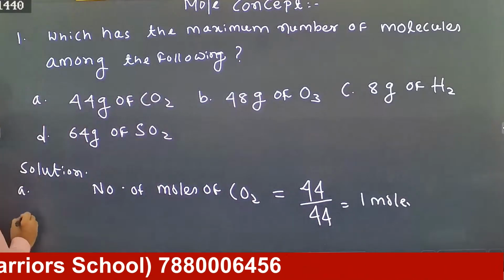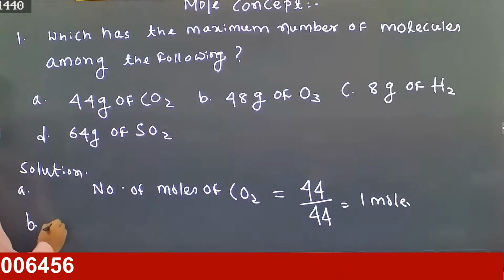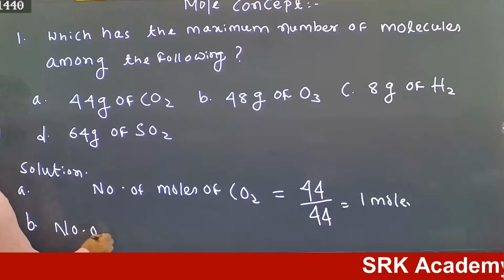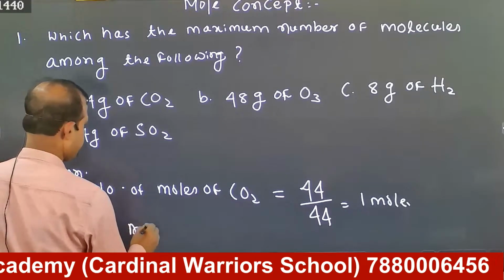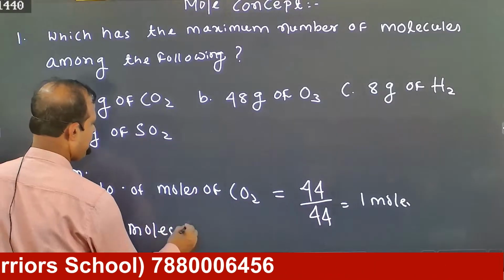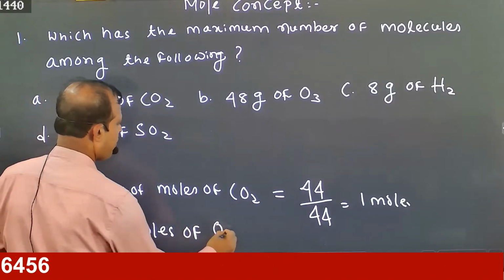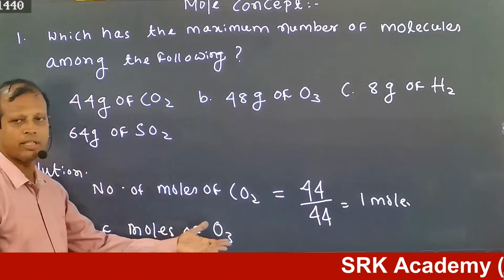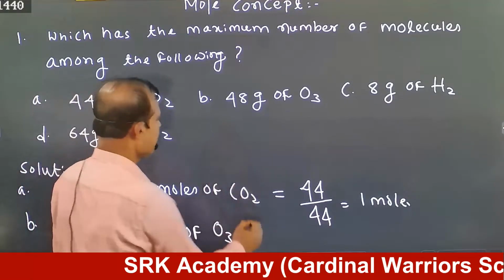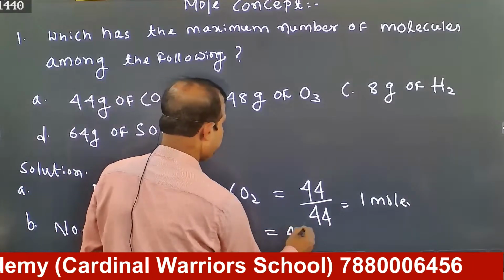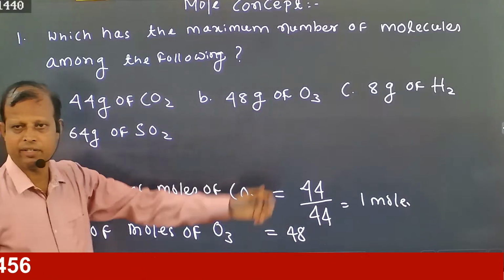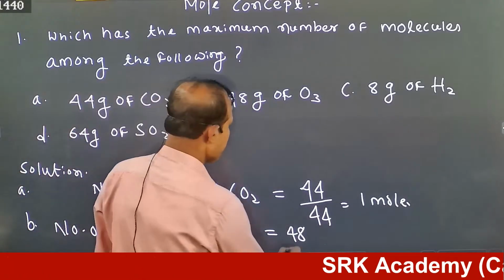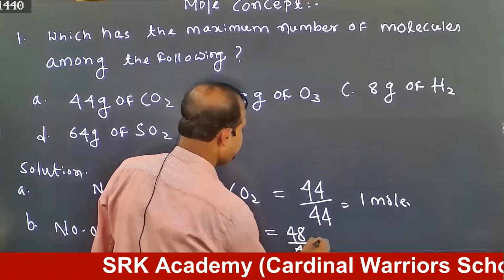Similarly, number of moles of O3: given mass is 48, and molecular mass is 16 into 3, which is 48. So 48 upon 48 is equal to 1 mole.